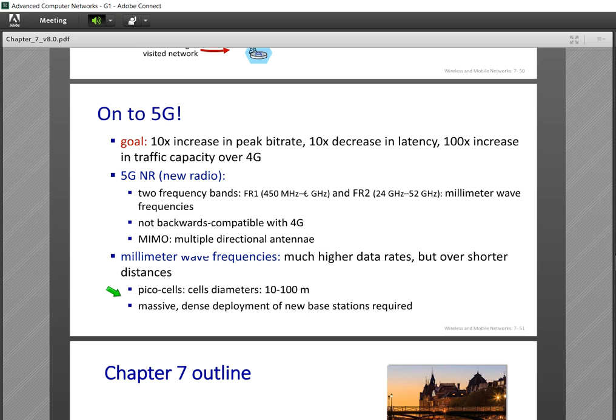What does it mean? It means that I need to deploy too many base stations in a city. If I'm looking to install 5G, for example, deploying 5G in my city, I have to deploy too many towers, too many base stations, because in 5G we are using picocells.